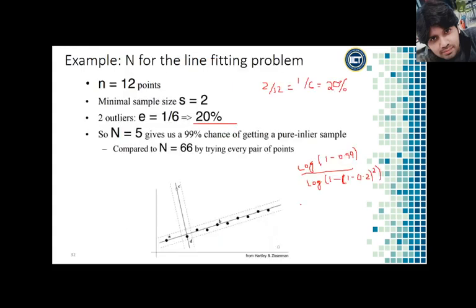So if you solve it, you will get log of 0.01 divided by log of 1 minus 0.8 whole squared, which will be log of 0.01 divided by log of 1 minus 0.64, which will be log of 0.01 divided by log of 0.36.